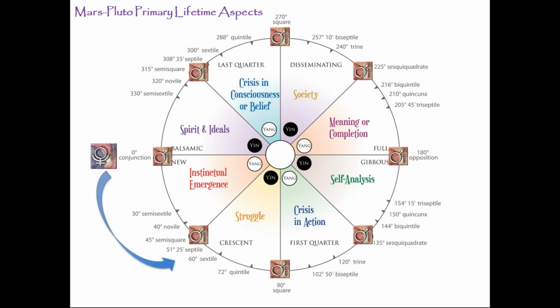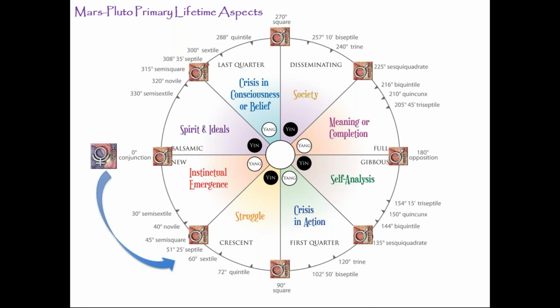So here's a visual for you again with the whole cycle of phases and aspects. And so in this example, of course, we are using Pluto at 0 degrees. You see Mars at the conjunction of new phase, or it can be balsamic phase, if Mars is approaching Pluto and finishing up those primary lifetimes.